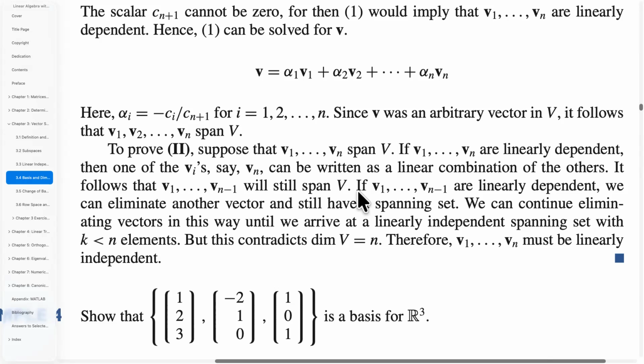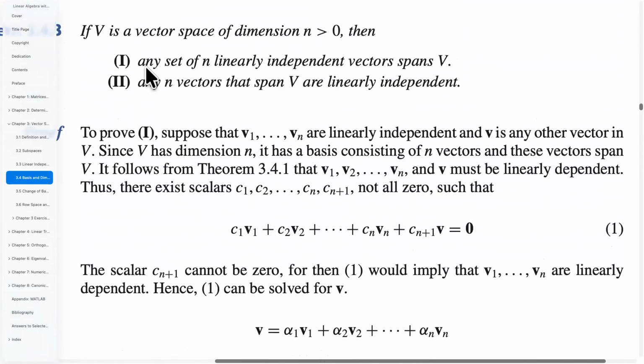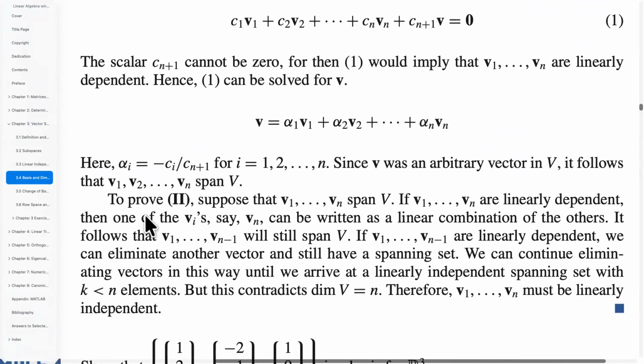But this contradicts the fact that V is a vector space of dimension n, which we were given. So if you use this process to get rid of vectors and argue its dimension is lower than n, there's a contradiction. So this process cannot happen.